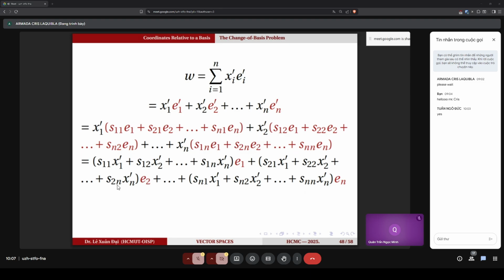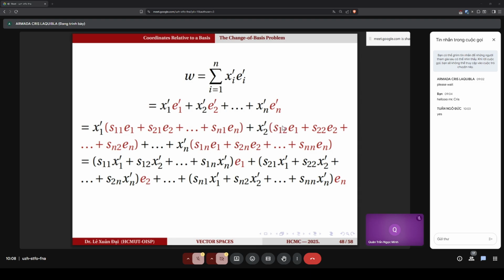Now what to do next is you get the factors with the e1. For the e1, just get the first number here. So for your e1, it is s11 times x1 prime. So we have this first number plus the next e1, located here in the first of your x2 prime.